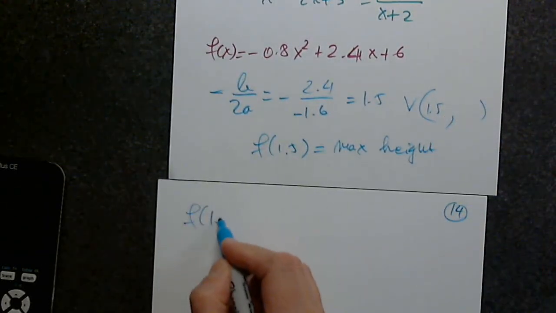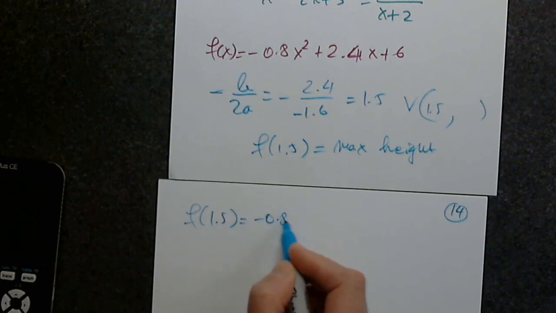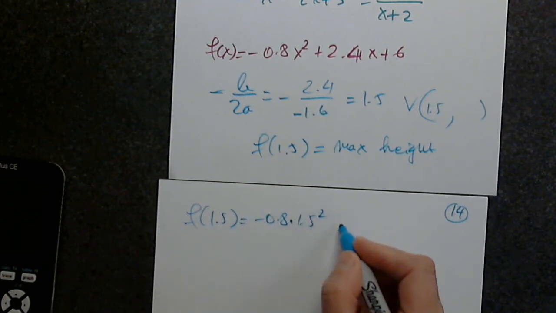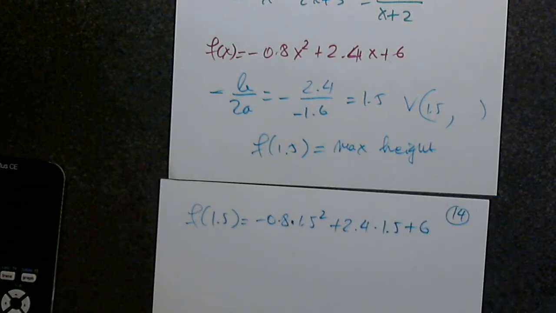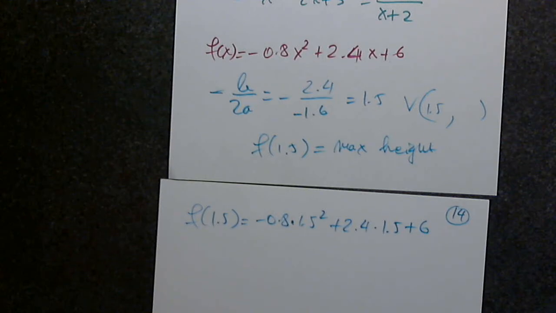So f of 1.5 will be negative 0.8 times 1.5 squared plus 2.4 times 1.5 plus 6.